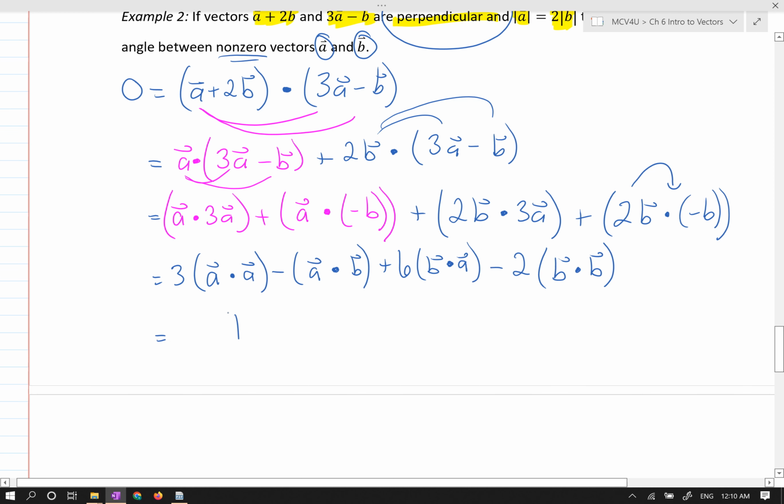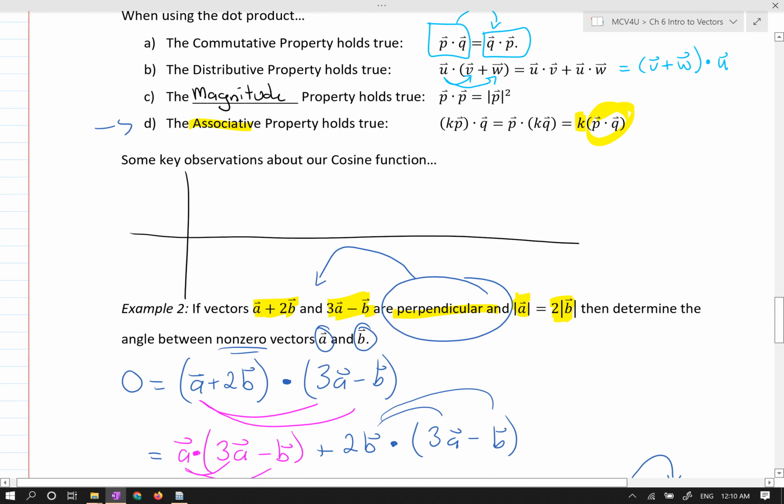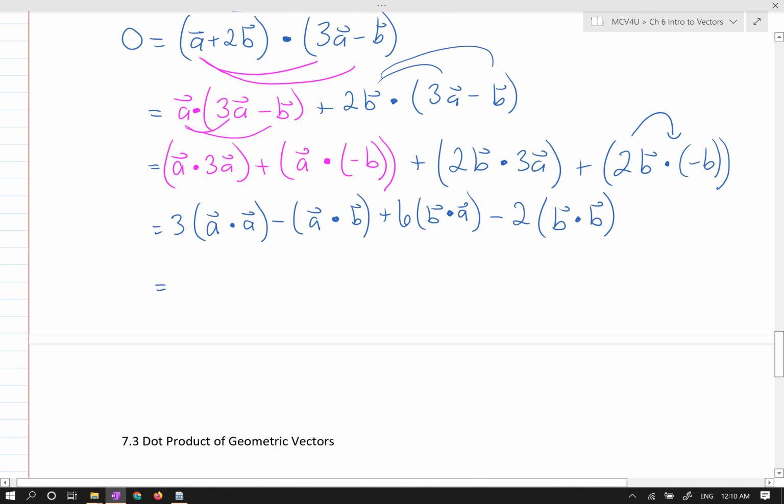Okay, what do I know about a dot a? Well, I know I can use the magnitude property. A dot a is going to be equal to the magnitude of vector a squared. So I'm working here with 3 times the magnitude of vector a squared minus a dot b plus 6 b dot a.